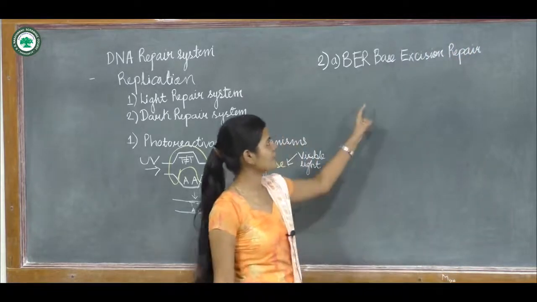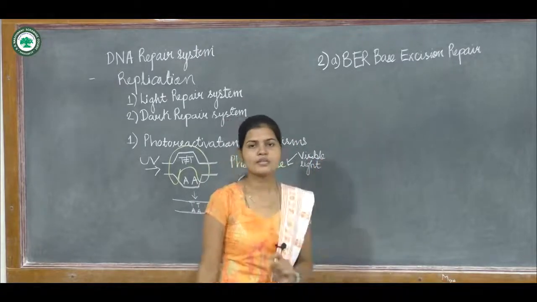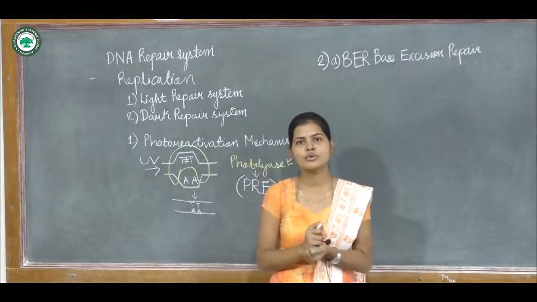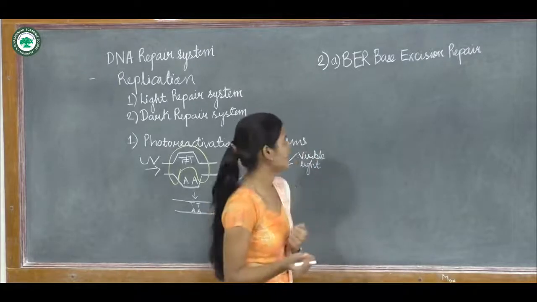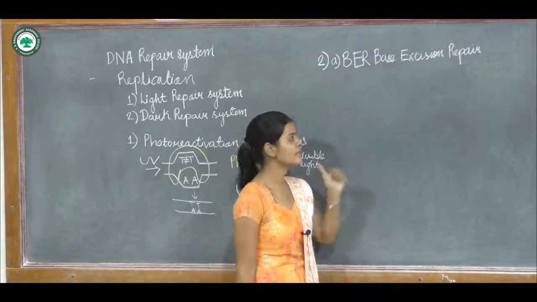So what is happening in base excision repair is the removal of one nucleotide, the wrong nucleotide which gets incorporated into the DNA.